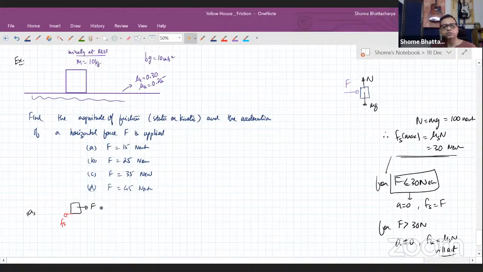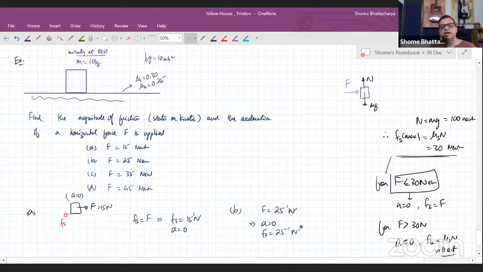When I apply a force of 15 newtons, I know that the acceleration will be zero and the static friction will balance F. So static friction of 15 newtons acts and acceleration is zero. B part, I know when I apply the force of 25 newtons, again acceleration will be zero and static friction equal to 25 newtons acts.